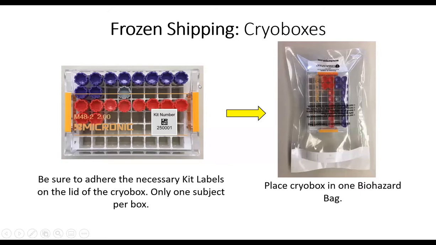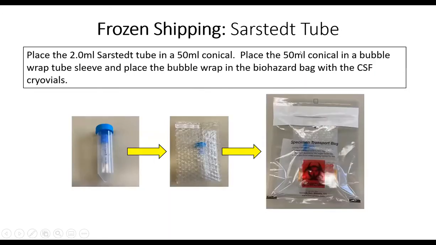So then the blood cryo box will go into a small biohazard bag that'll be included in the shipper. And the CSF cryo box will go into a large biohazard bag because the Sarstedt 2 ml tube does not fit into these cryo boxes.